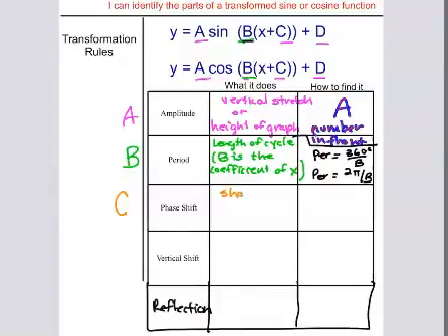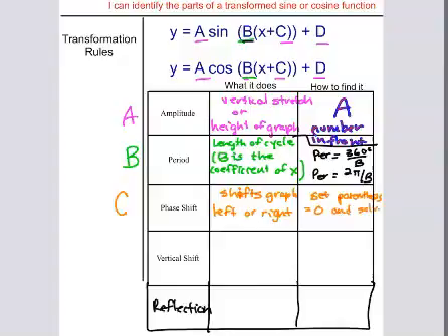Phase shift shifts the graph left or right. And we find it, I mentioned this before, by setting the parentheses equal to 0 and solving.